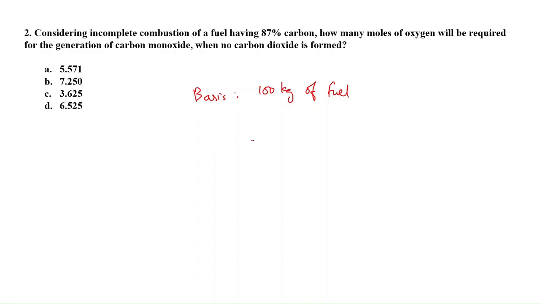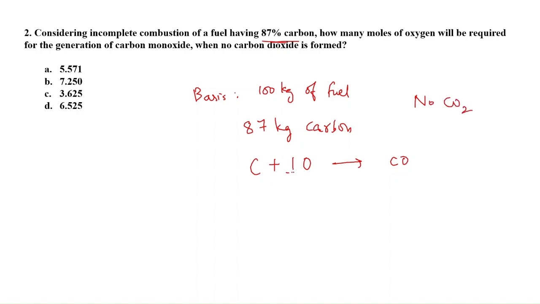In 100 kg of fuel, if 87% carbon is there, that means 87 kg carbon is present. So for incomplete combustion of carbon, carbon plus oxygen gives carbon monoxide. No carbon dioxide should be produced.